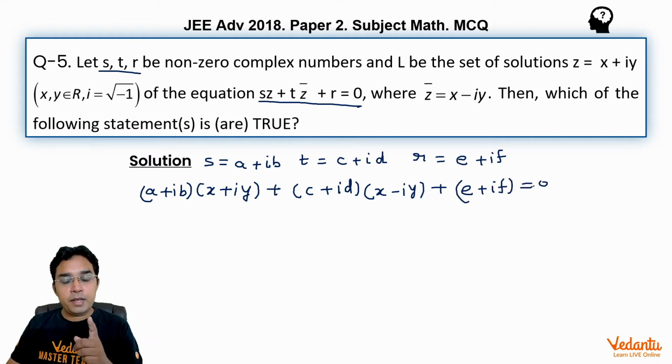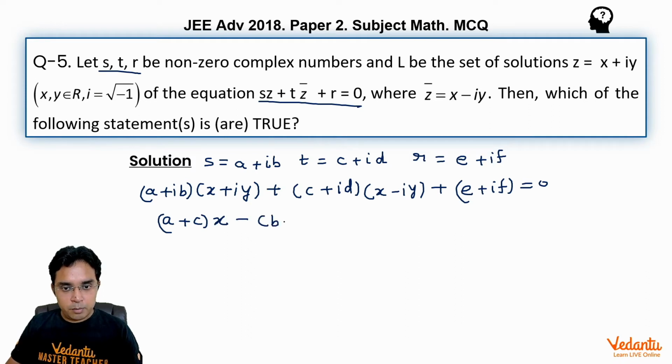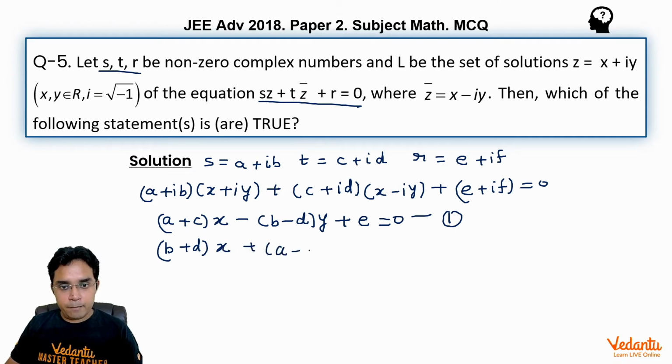Now we can compare real and imaginary parts on both sides. So comparing real parts, we get (A + C)X − (B − D)Y + E = 0. This is my equation number 1. Similarly, comparing imaginary parts, we get (B + D)X + (A − C)Y + F = 0.